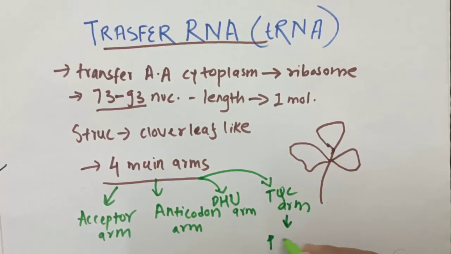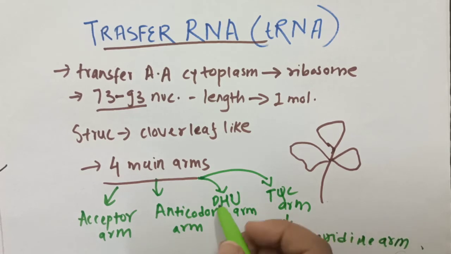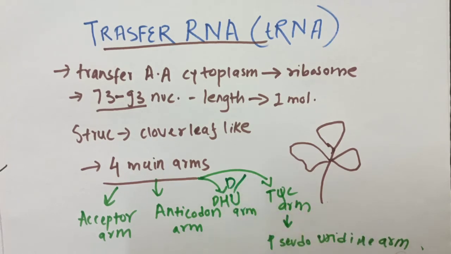T-Psi-C arm is also known as the pseudouridine arm. And DHU is also known as the D arm, which represents dihydrouridine. We'll be discussing each arm in detail.